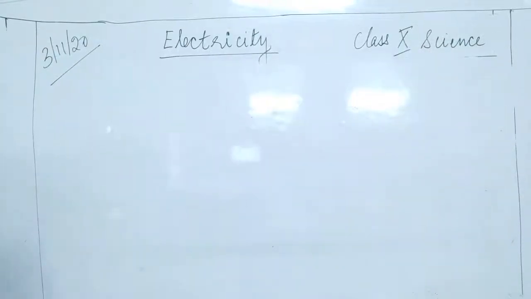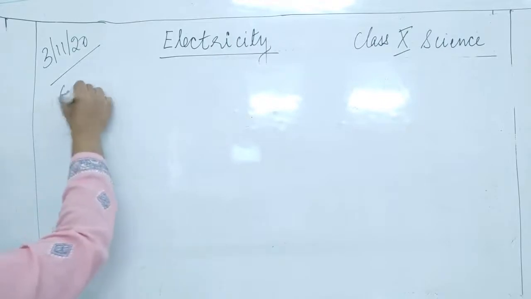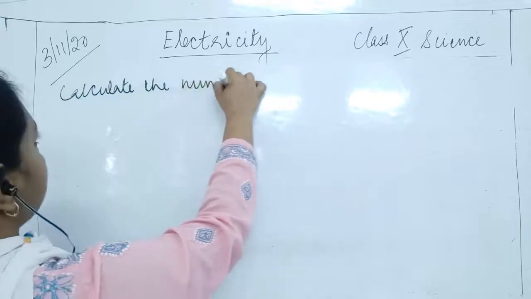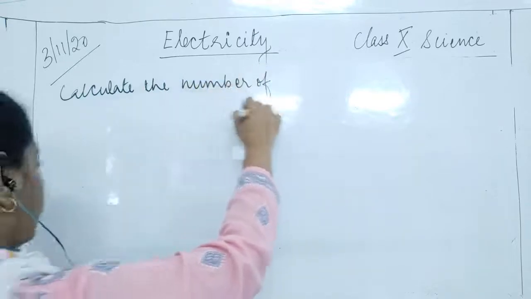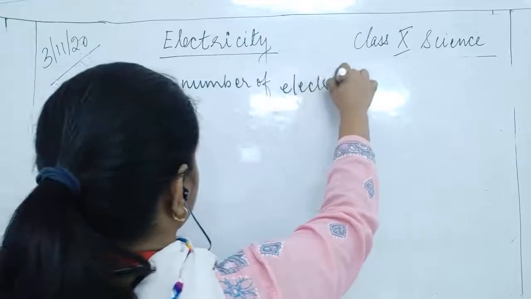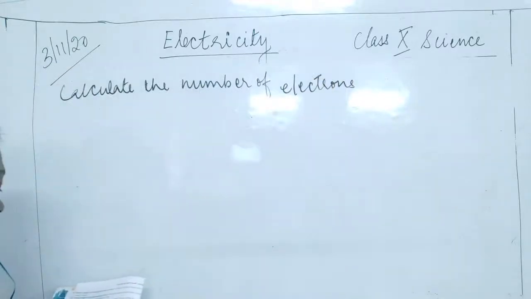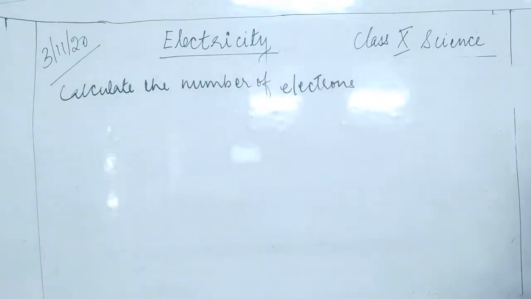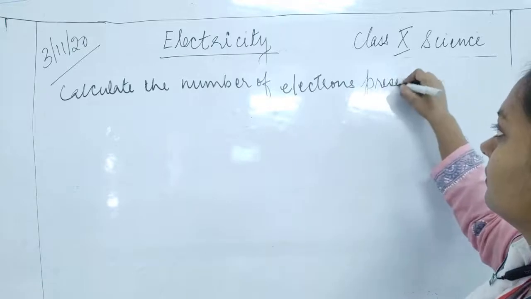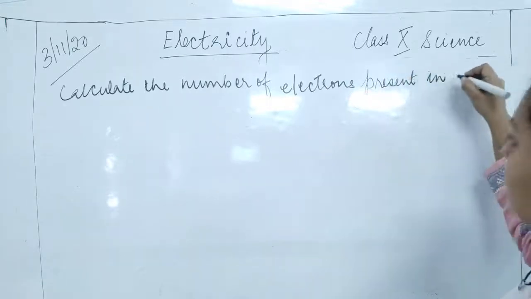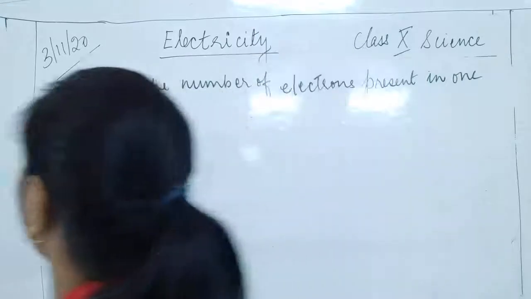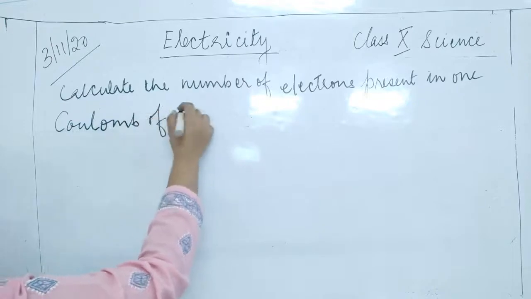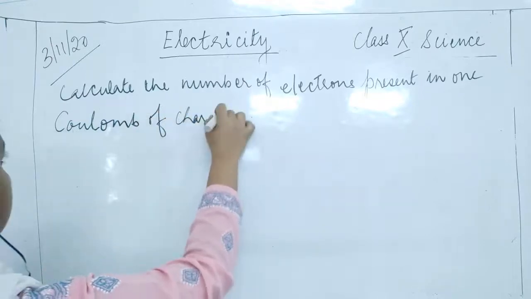So the question is, calculate the number of electrons constituting, or present in, 1 coulomb of charge.